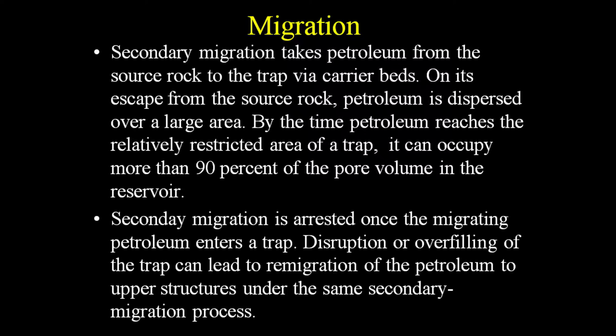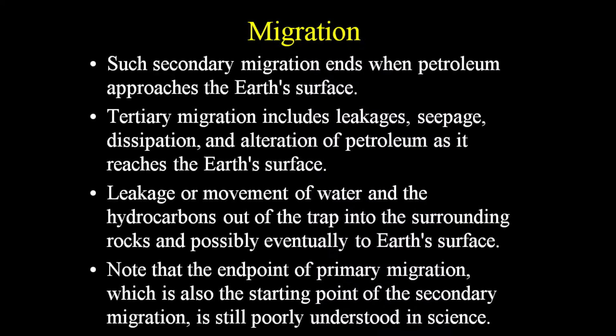Secondary migration is arrested once the migrating petroleum enters the trap. Disruption or overfilling of the trap can lead to remigration of the petroleum to upper structures under the same secondary migration process. Such secondary migration ends when petroleum approaches the Earth's surface.